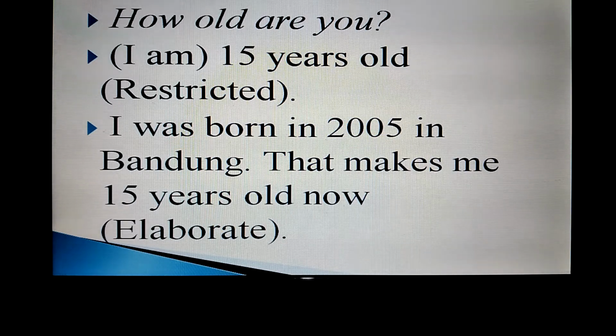So you added your place of birth and a year of birth and then your age. Okay, that's how you elaborated it. And don't forget, that kind of addition of information is not a waste. We call that elaboration. And elaboration is good. Don't mind people saying it's a waste.